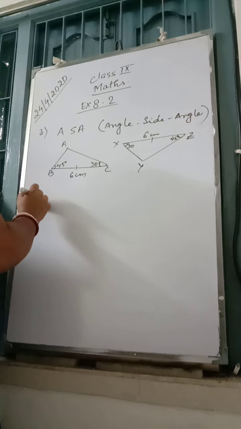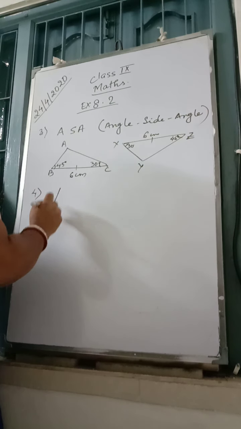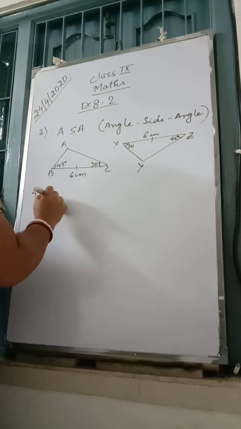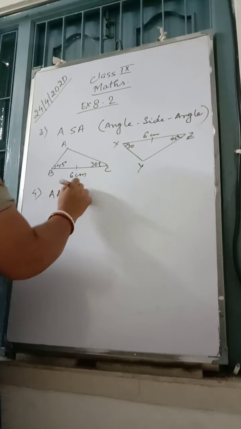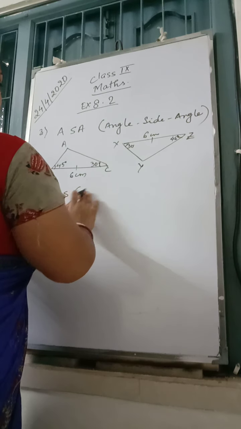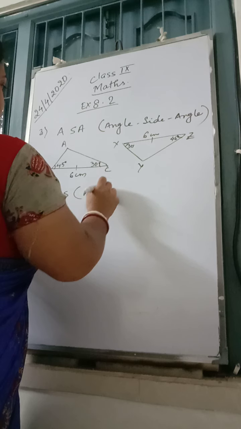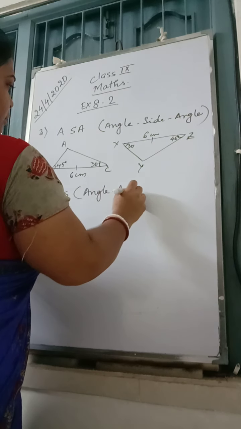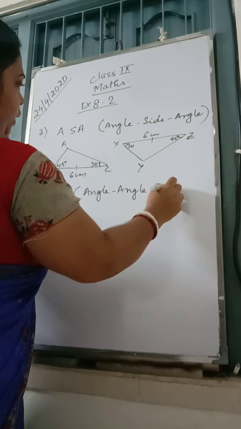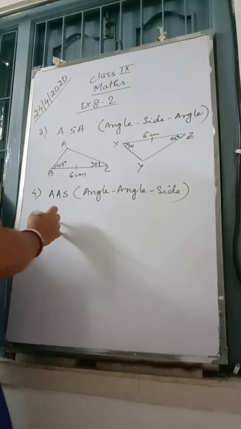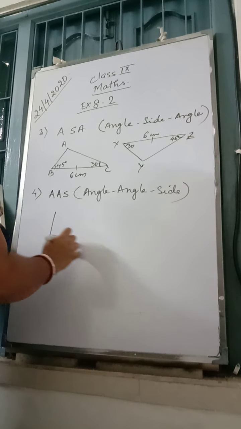Fourth condition we have AAS, which represents angle, angle and side. What does it mean? It means two angles.